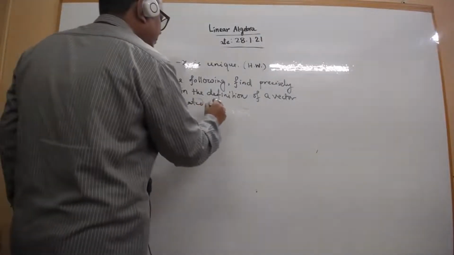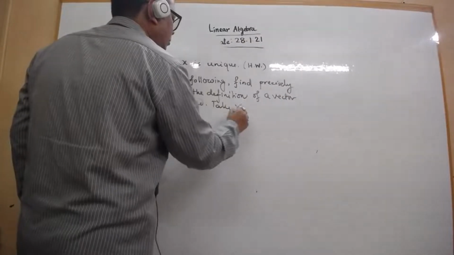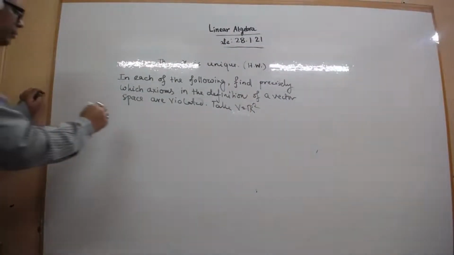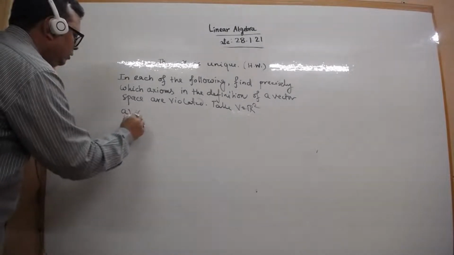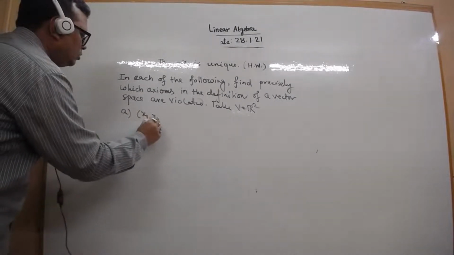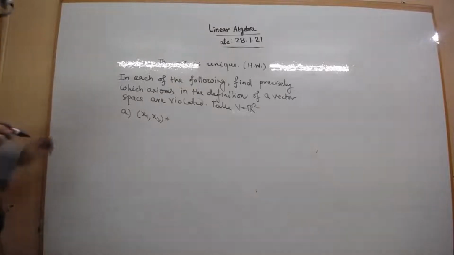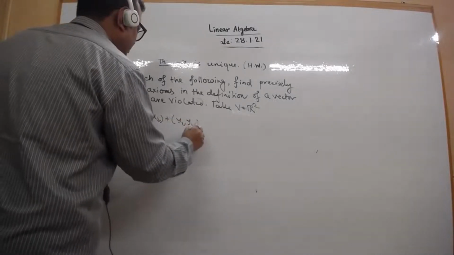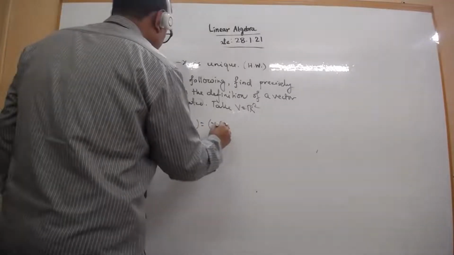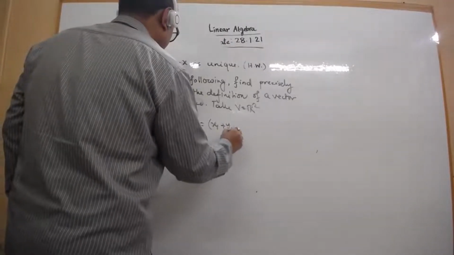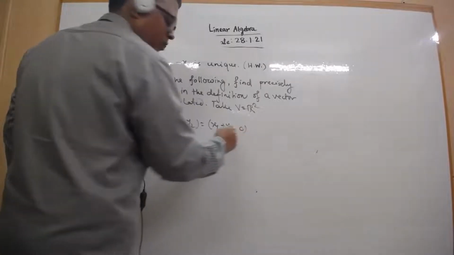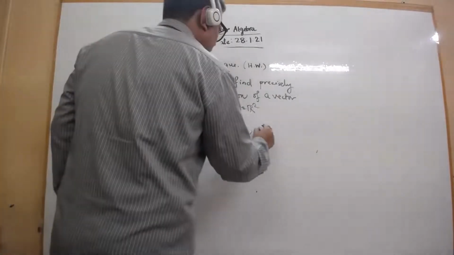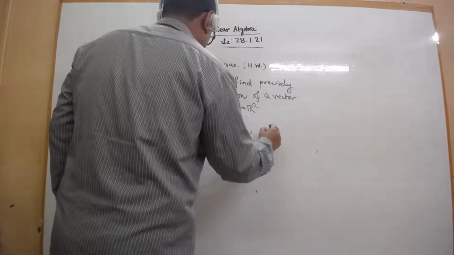Take V equal to R square, x1, x2. Define vector addition with y1, y2 as x1 plus y1, 0, comma, lambda.